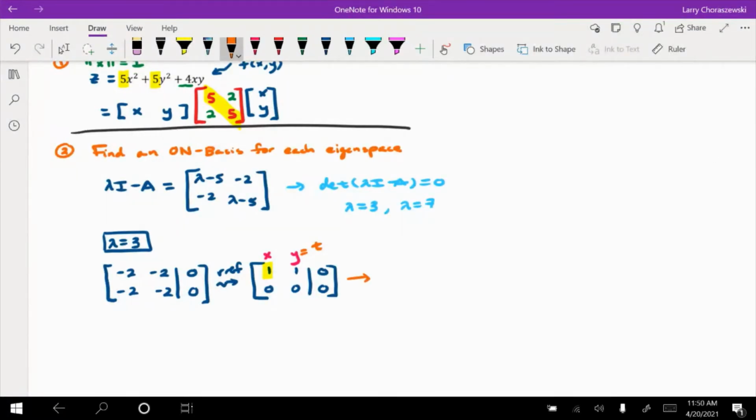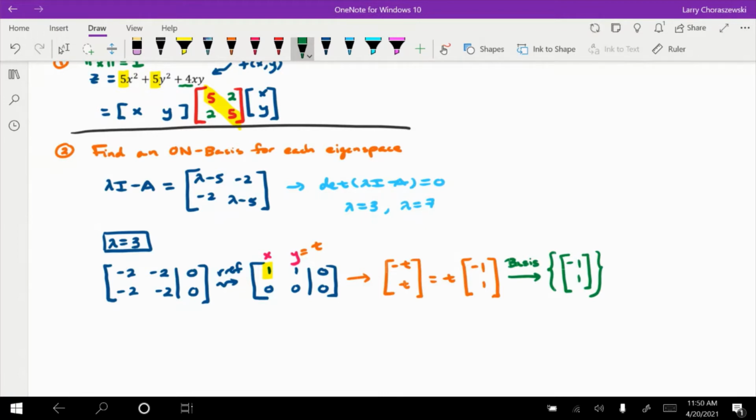Now this will give way to a basis vector with the first entry of negative t, second entry of t, which we can factor the t out to get negative 1, 1. And so a basis would consist of the vector negative 1, 1.